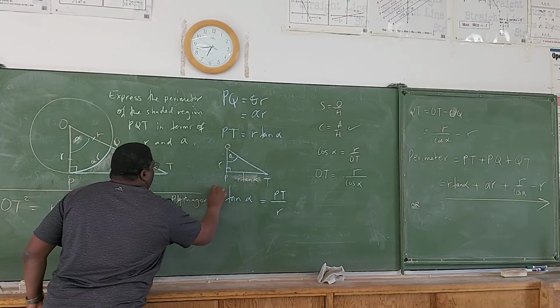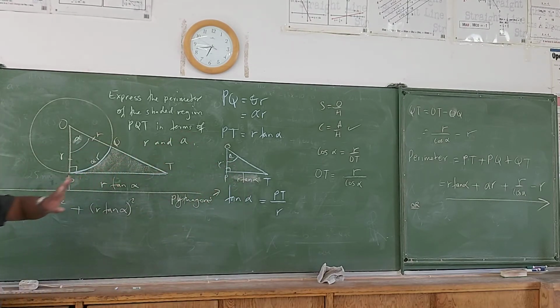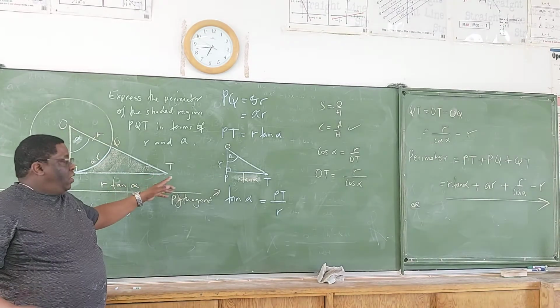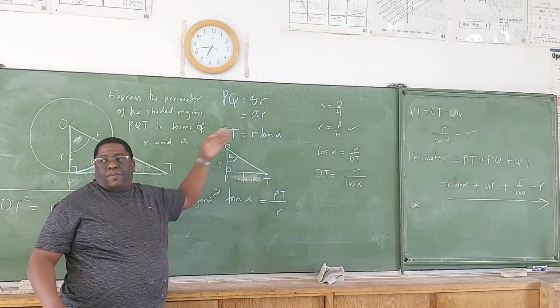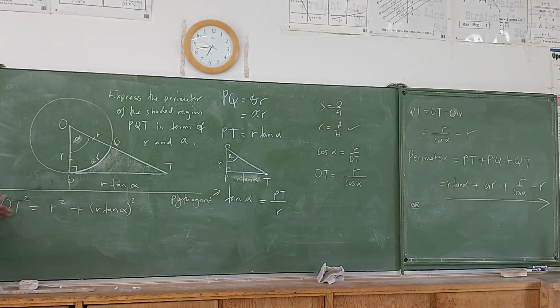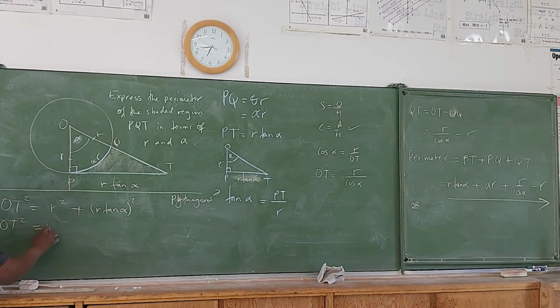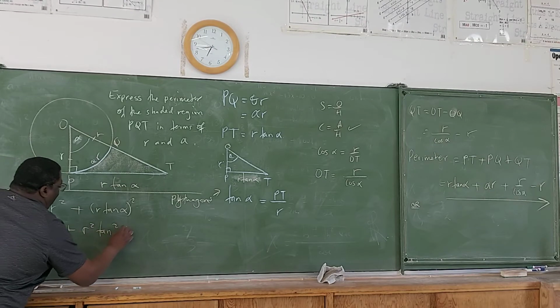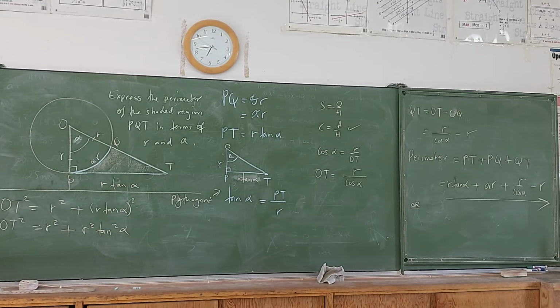I can actually separate that stuff if I was to use Pythagoras. Suppose I didn't like the way I was using the ratio there, the cosine, but I want to use Pythagoras to find that long distance, because there are two ways you can do that. Because we've got two sides now, you can find the third side by using Pythagoras theorem. So before I take the square root, it's R squared plus R squared tan squared alpha.